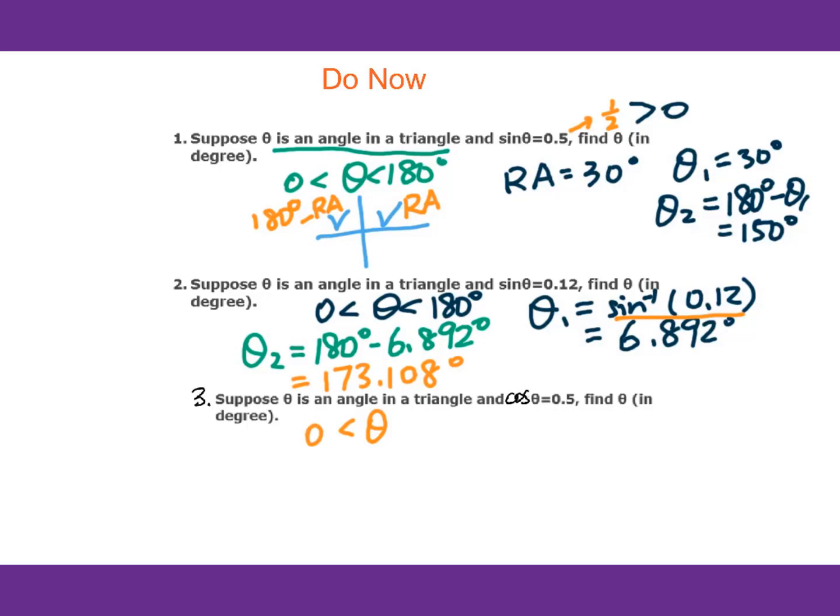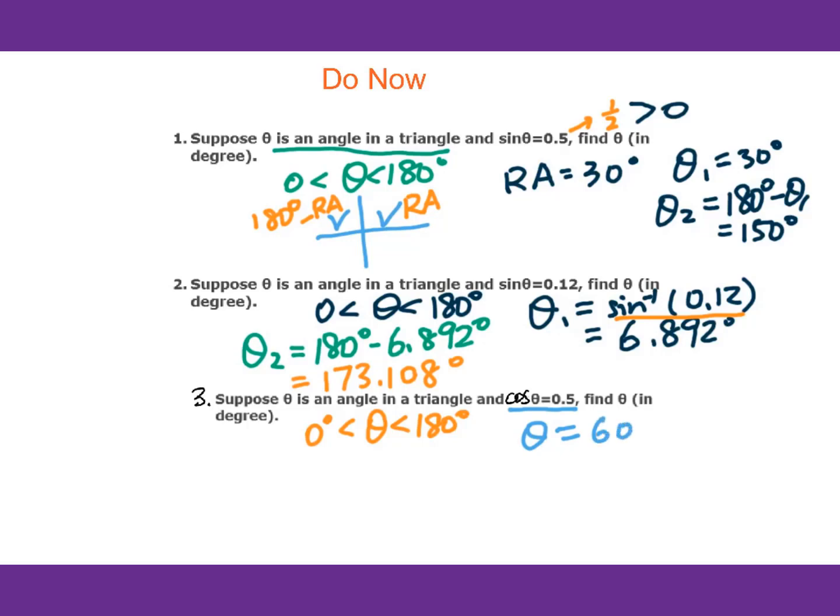For number 3, suppose theta is an angle in a triangle. Theta between 0 degree to 180 degree. And cosine theta equals 0.5. Find theta. Because for second quadrant cosine is negative, therefore for this theta, it only goes to the first quadrant.